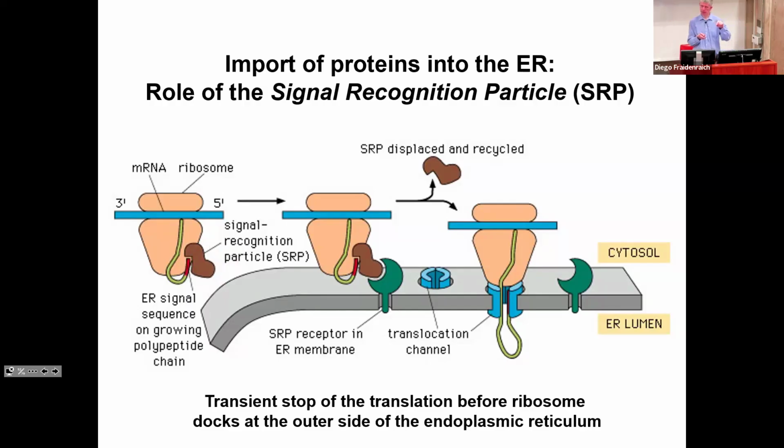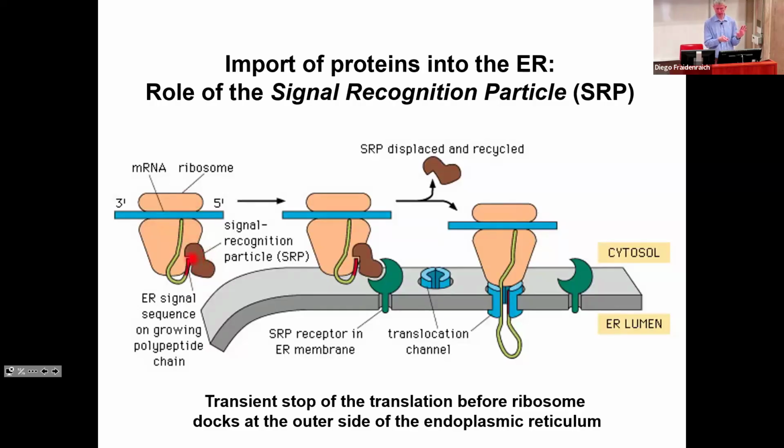So there are two different contacts. It's called the signal recognition particle, and it will interact with the signal sequence and with the ribosome. That causes the translation process to stall.